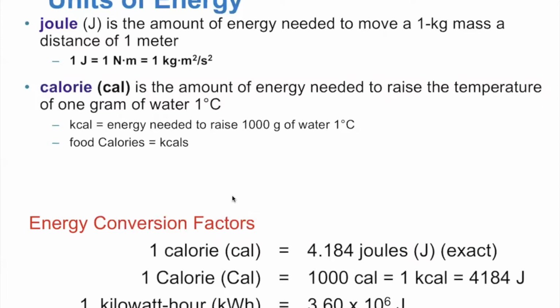Joule is an SI unit. Notice that the definition equals 1 Newton meter, or kilograms times meter squared divided by second squared. So we can say 1 joule equals 1 kilogram times meter squared per second squared.